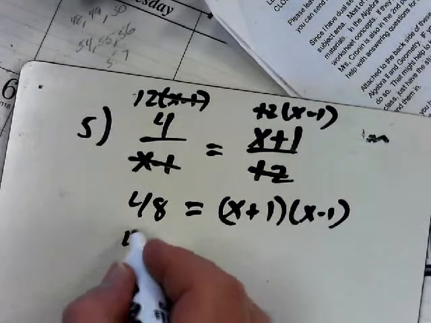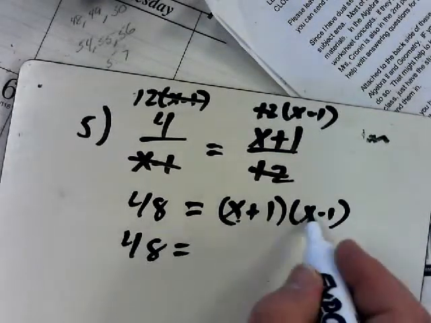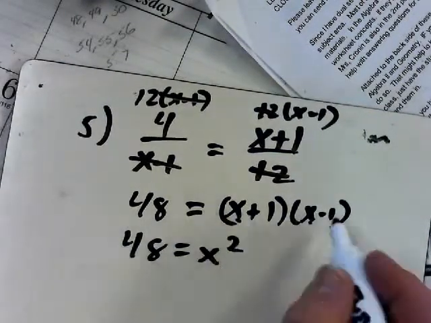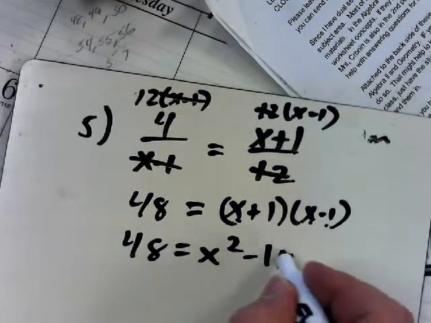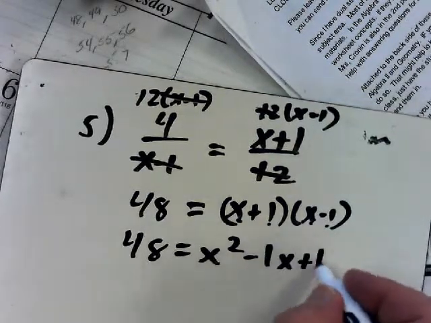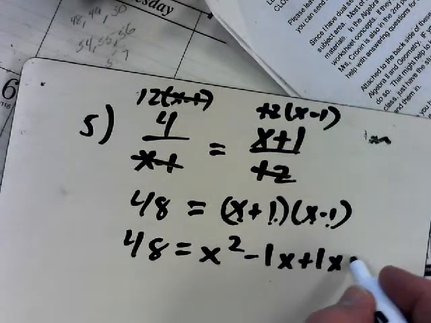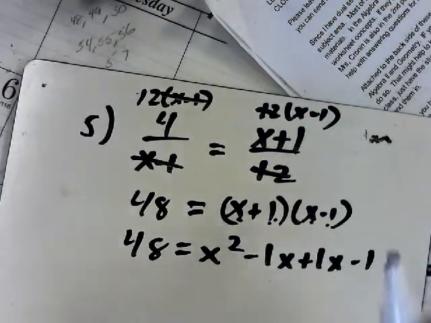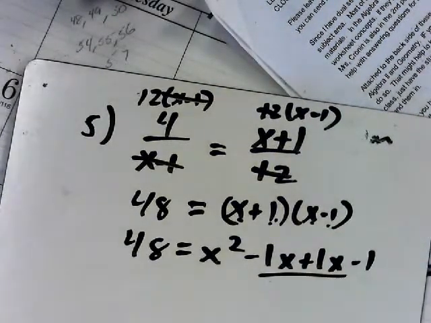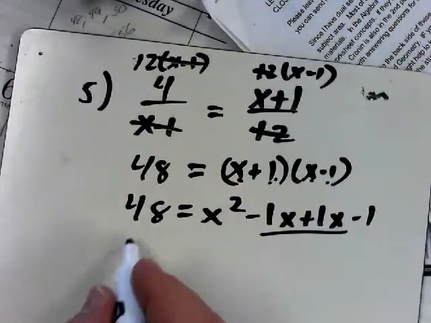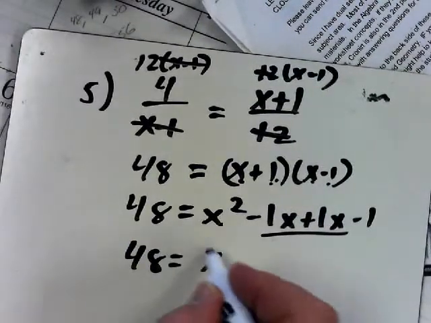Which means I'd have 48 equals x times x is x squared, x times negative 1 is a negative 1x, 1 times x is a positive 1x, 1 times a negative 1 is a negative 1. These two add up to 0. So I now have 48 equals x squared minus 1.